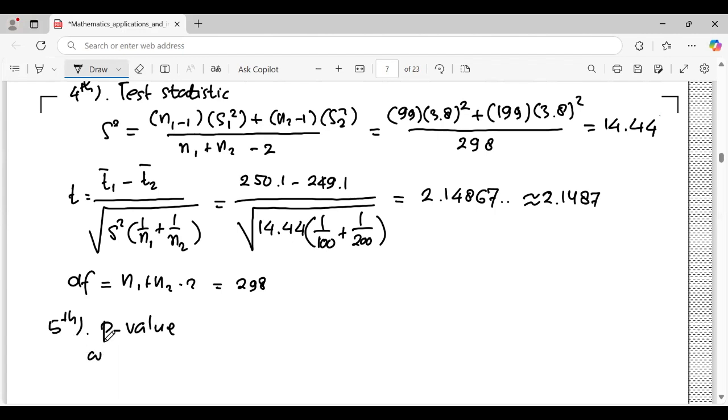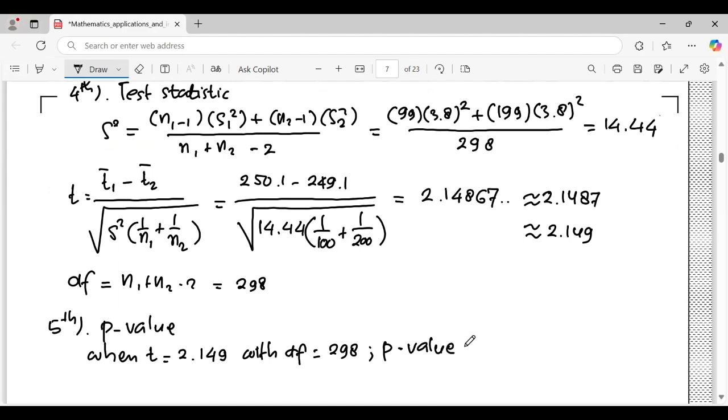So when t equals 2.149 with df 298 and alpha 5%, the p value equals 0.0162328.